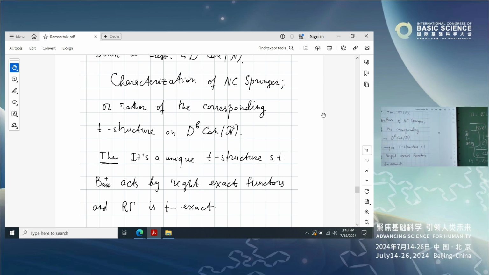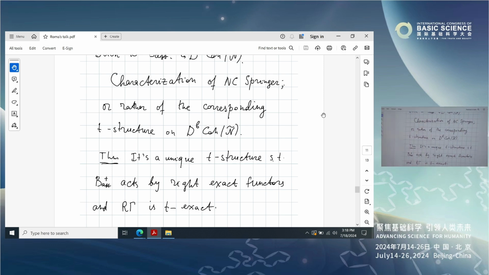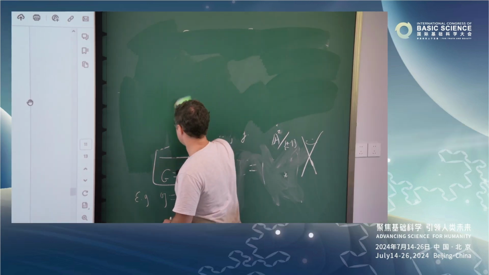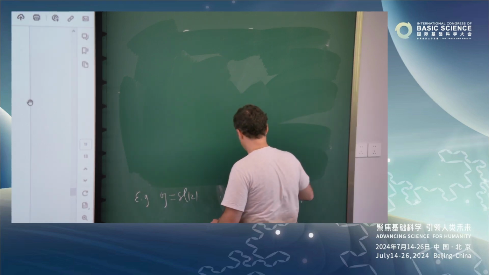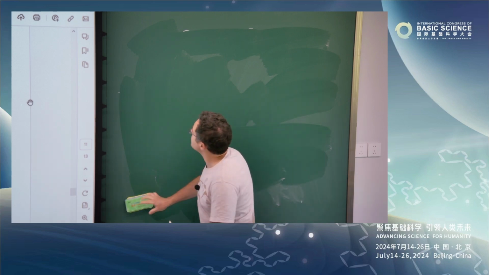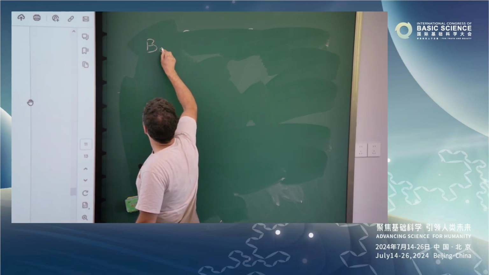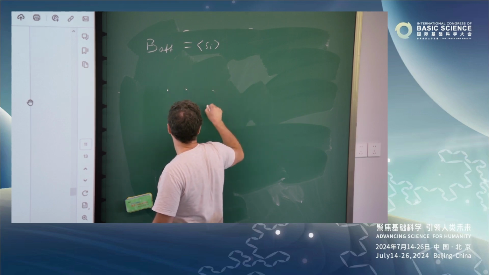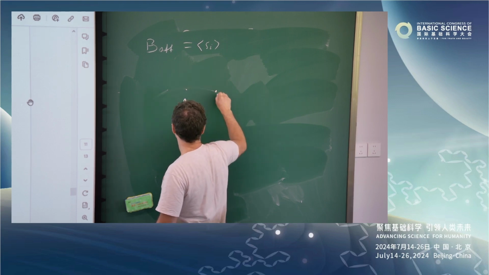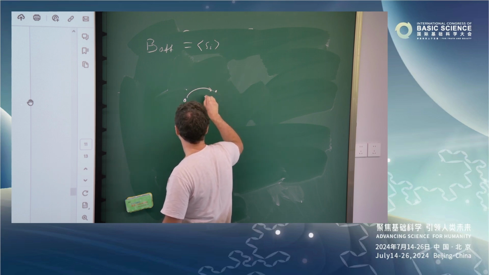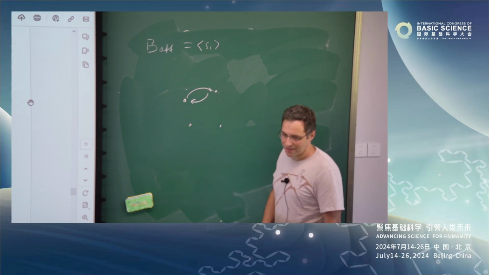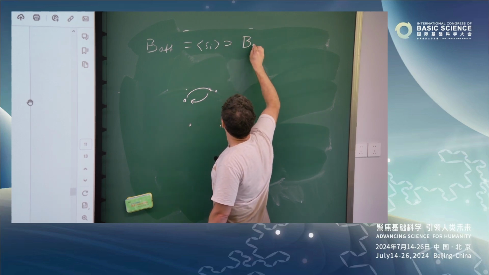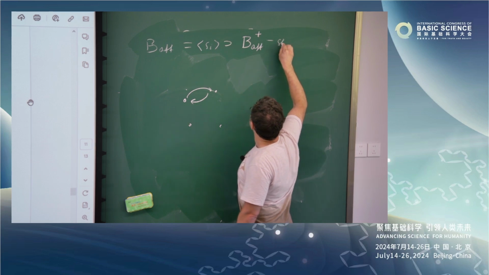It is defined, it has standard generators, sigma_i, where you consider these points on the plane, and sigma_i is when two points run like that. So this is just a group generated by them, but that contains the positive braid monoid.